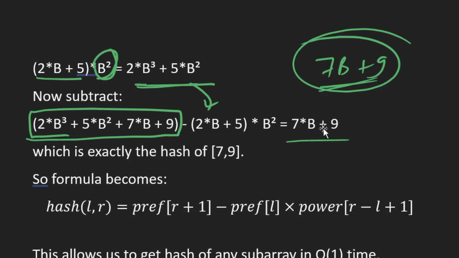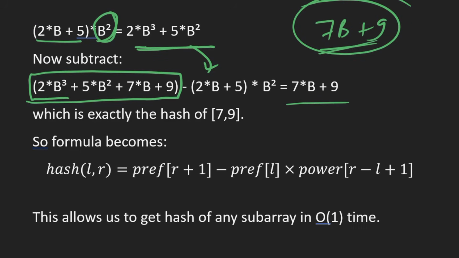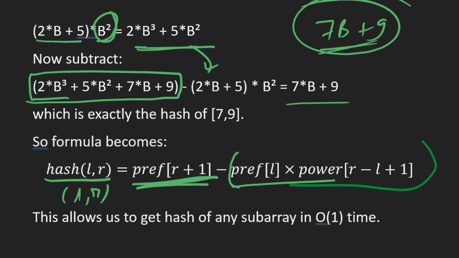So if you see the formula, if we have to find the hash of range L to R, then we take prefix of R plus 1, then from that we subtract prefix of L into the power of R minus L plus 1, right?